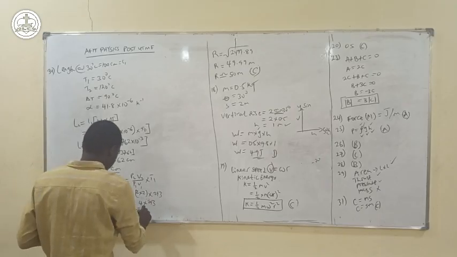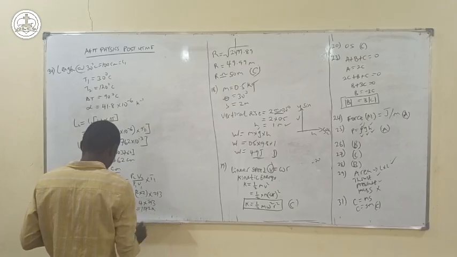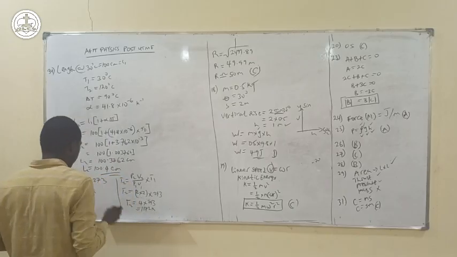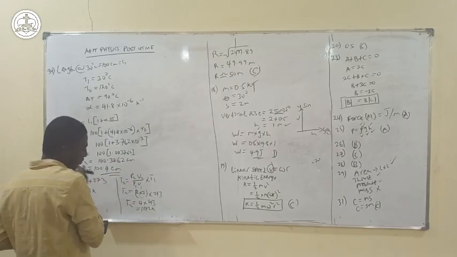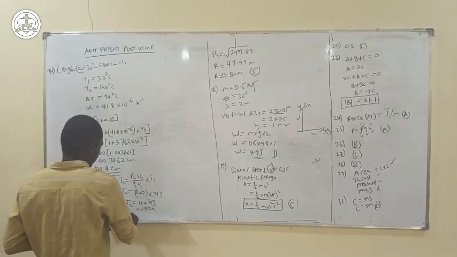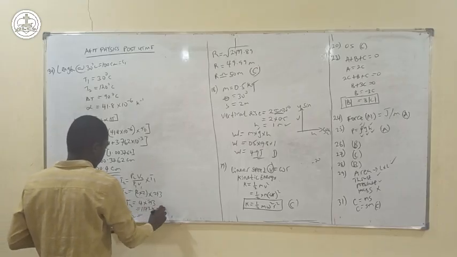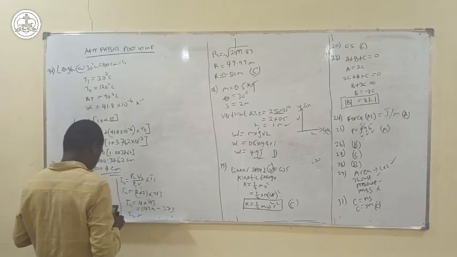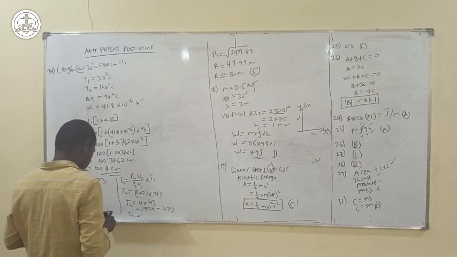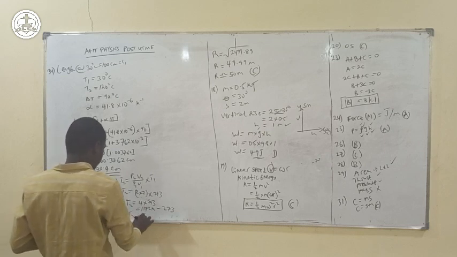1172. Remember, it's in K. If they ask you to convert back to degrees Celsius, you just subtract 273 from it, and you have 899 degrees Celsius.